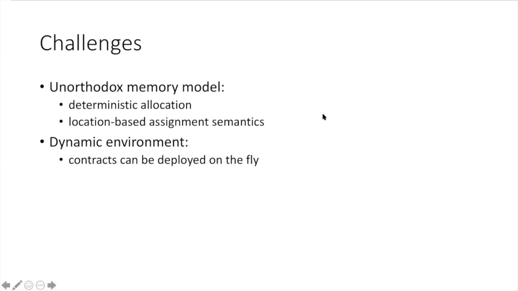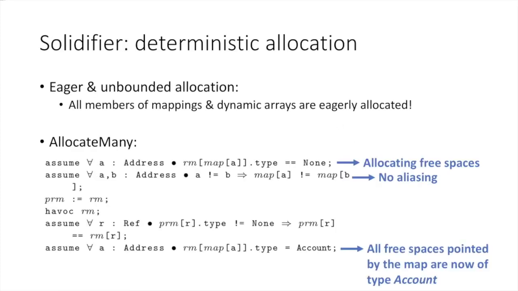So let me briefly elaborate on these challenges and talk a little bit on how we try to solve them. In Solidity, we have deterministic allocation. Whenever you deploy a contract, you already know at that point exactly where each element of its state will be placed in storage. And this does not change as the contract evolves.